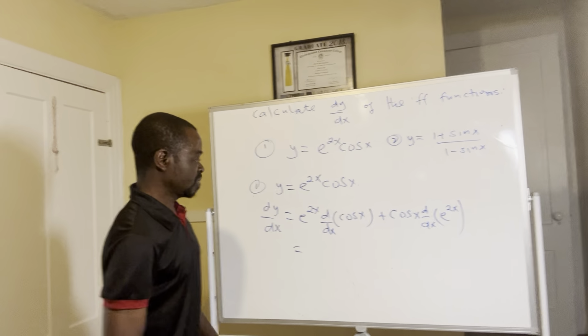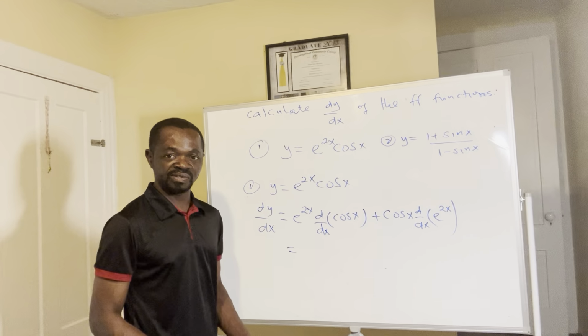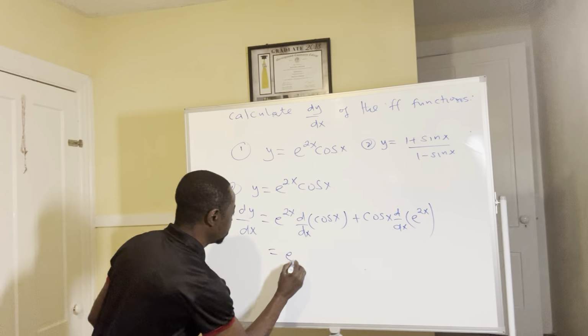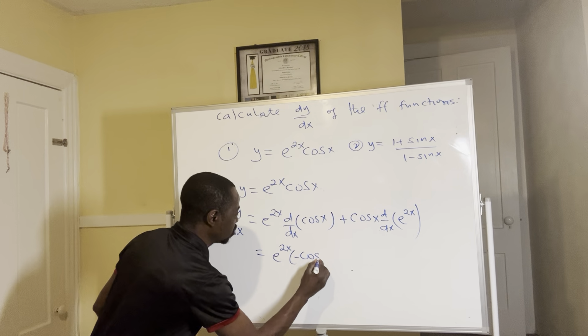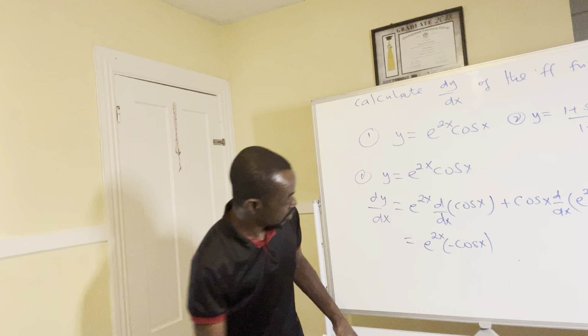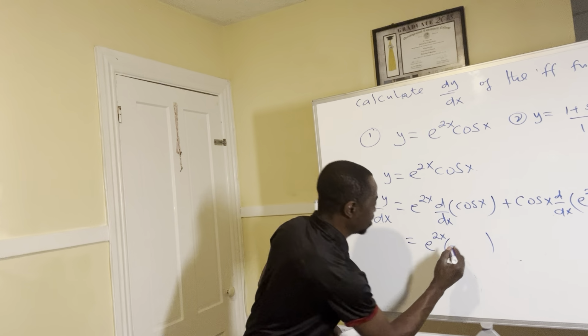Let's move on. If you differentiate cos of x, it gives us negative sine of x according to the formula. So you have e to the power 2x times minus sine of x.